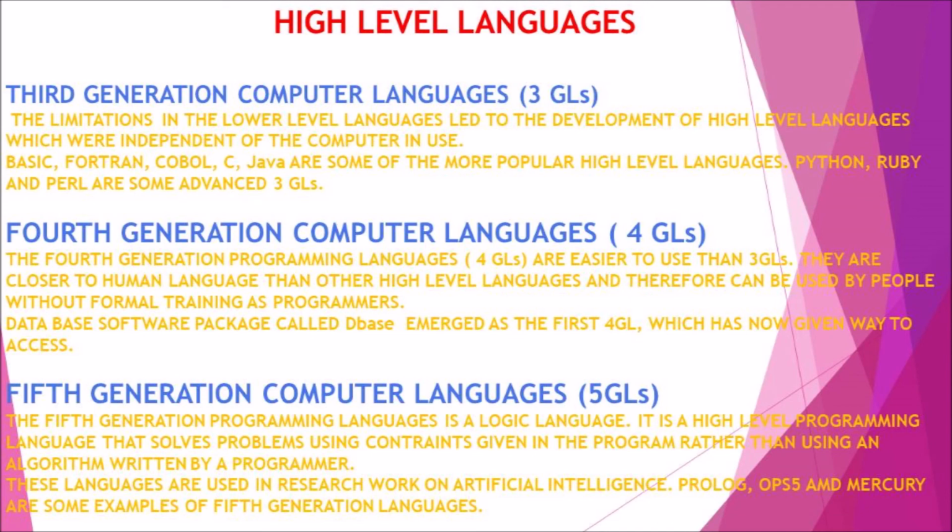They use translator programs, whereas mnemonic codes use an assembler. The mnemonic code is converted into binary digits, whereas high level languages are easily translated with the help of the translator programs.